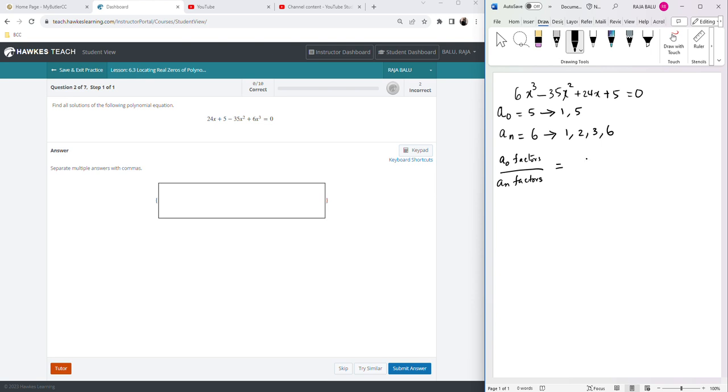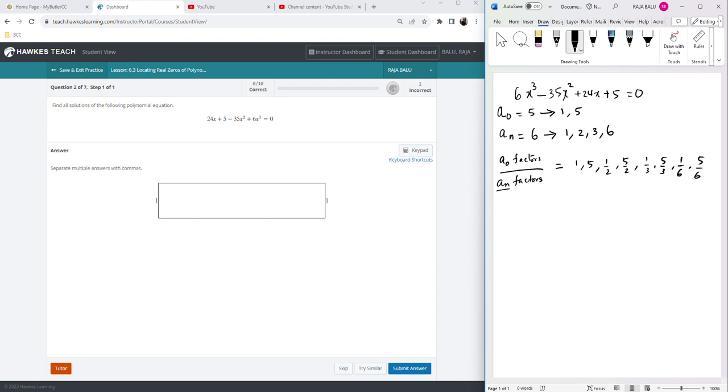The a0 factors are 1 and 5, and for the an factors, we use 1 first, so 1, 5, then 2: 1 half, 5 over 2, then 3: 1 over 3, 5 over 3, and finally 1 over 6, 5 over 6. Among these with the plus or minus sign, one of them will work the magic for us.